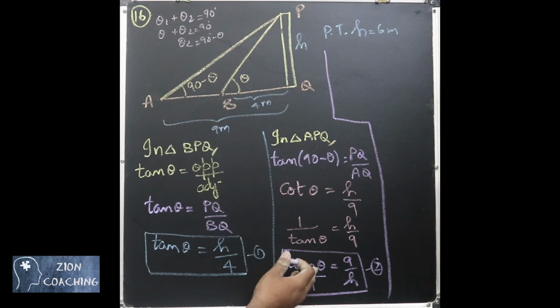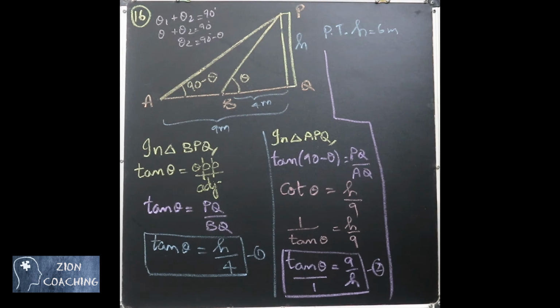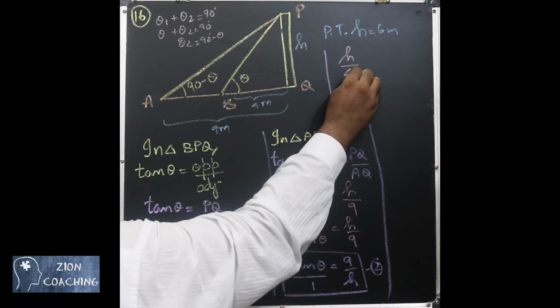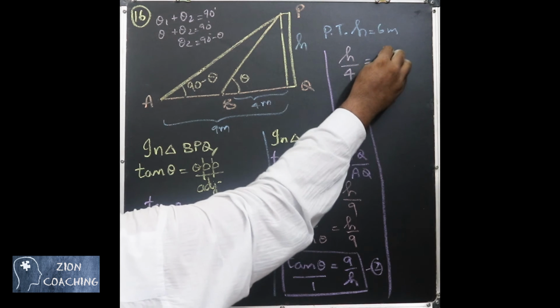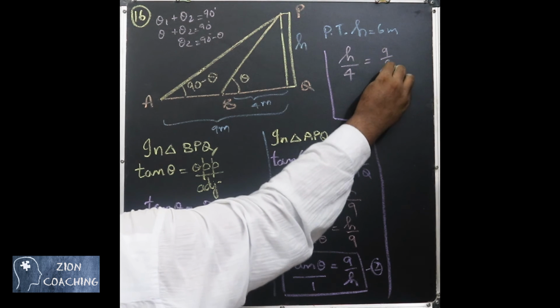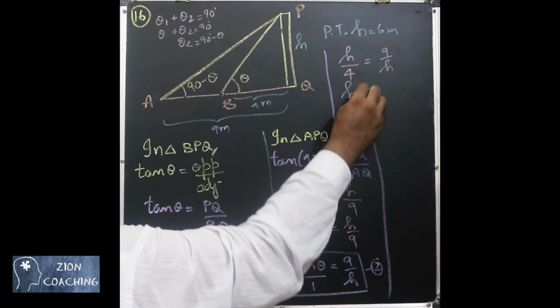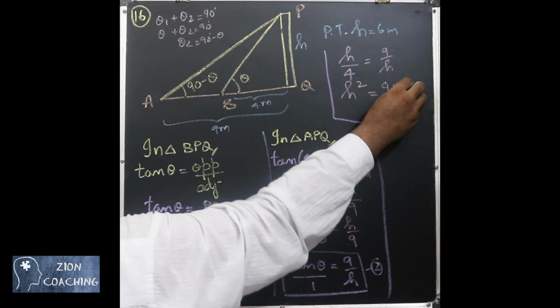So since the left hand sides are same, the right hand sides also should be equal. Equating the right hand sides, we have H by 4 equal to 9 by H. Taking this H to this side, we will have H into H, that is H square equal to 9 into 4.